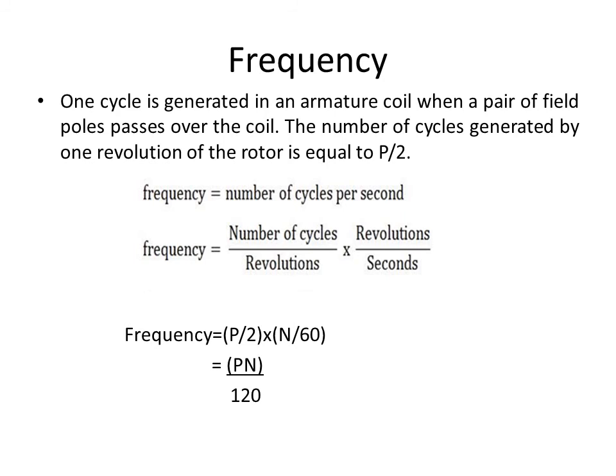The number of cycles per revolution is P by 2 and the revolutions per second is N by 60, so in total it is PN by 120. This is the frequency of the generated EMF.